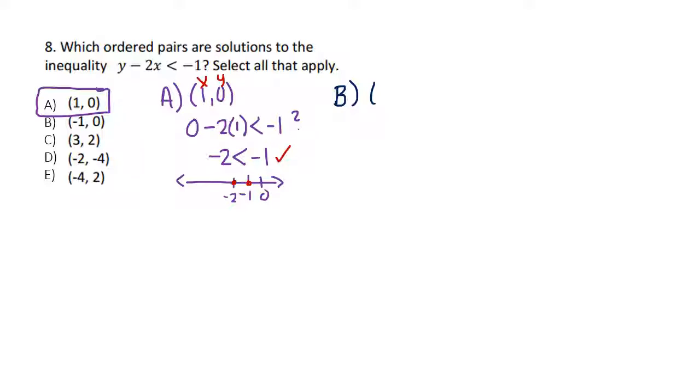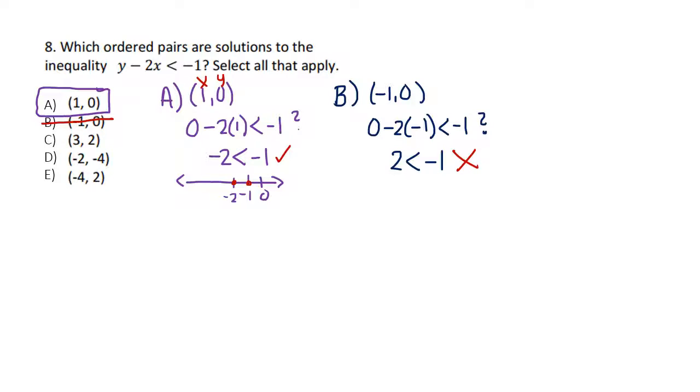B is negative 1, 0. So is 0 minus 2 times negative 1 less than negative 1? 0 goes away. Negative 2 times negative 1 is 2. So is 2 less than negative 1? That is not true. 2 is greater than negative 1. So B does not work.